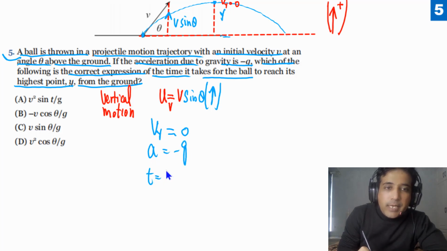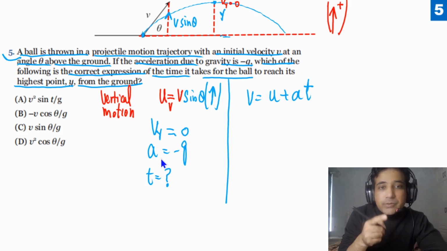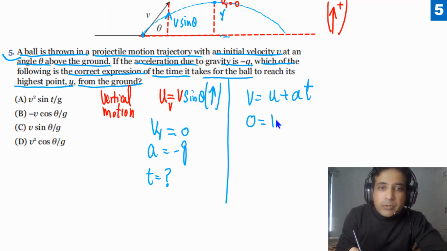So simply we can use v is equal to u plus at. This equation gives us time because we have initial velocity, final velocity, and a. So final velocity is equal to 0, and the initial velocity is v sine theta. a is equal to minus g, times time.